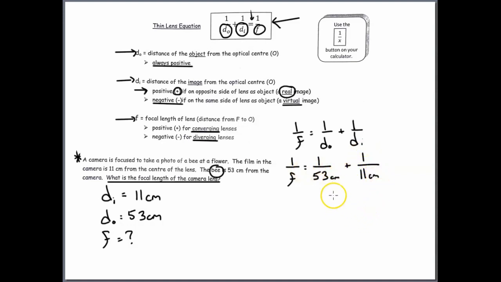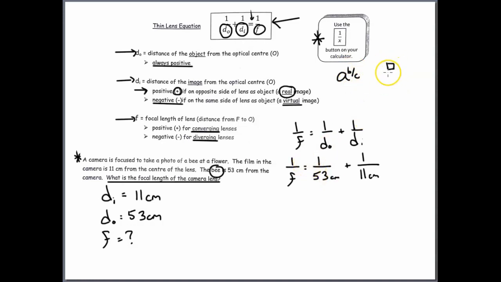Now these are fractions. You have a couple choices. You can figure out what the sum of those fractions is using your fraction buttons on your calculator. Depending on what calculator you have, the button may look like this. It might look like a b/c. There are lots of different types of buttons on your calculator that it might look like.